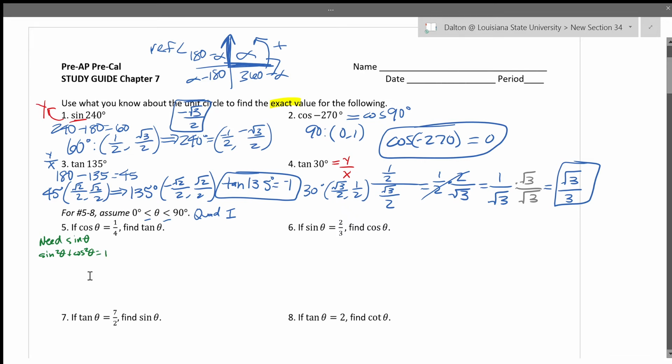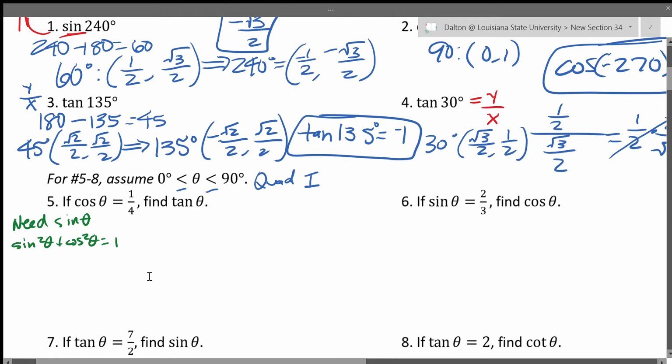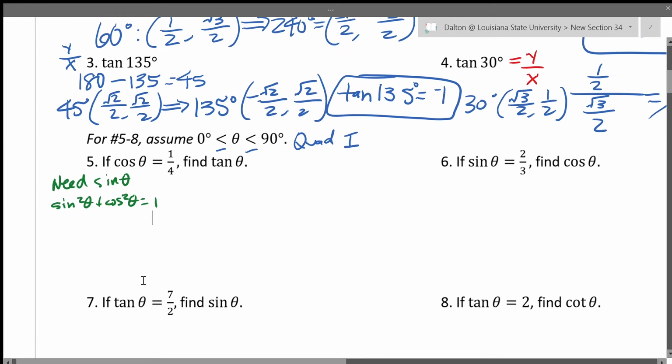And then I know that cosine of theta is 1/4. So then I've got sine squared theta plus 1/4 squared is equal to 1. So then I get sine squared plus 1/16 equals 1. And then if I subtract 1/16 from both sides, I get sine squared theta is equal to 15/16.